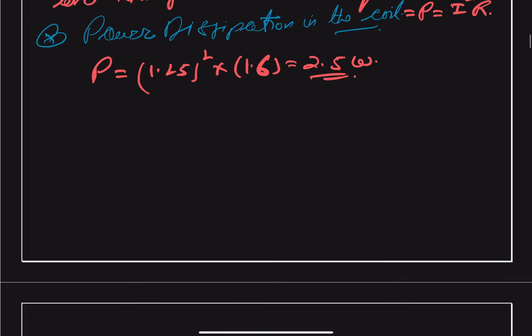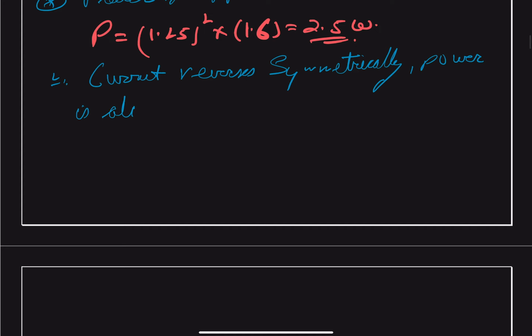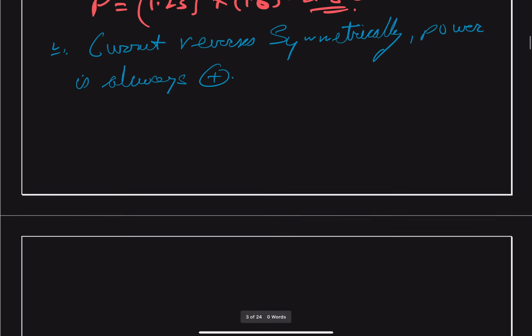So you can say that current reverses symmetrically, the power is always positive. So it means it will be constant at 2.5 watts throughout each cycle.